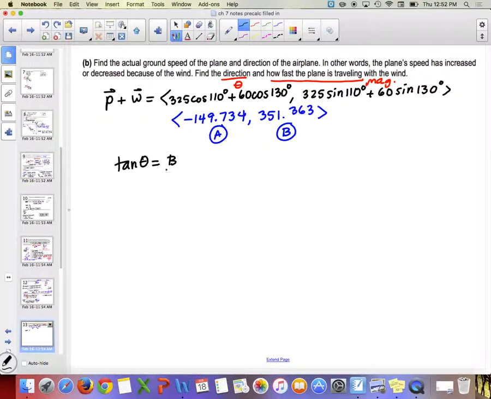It's the B number divided by the A number. When we do that, we get theta is equal to negative 66.920.